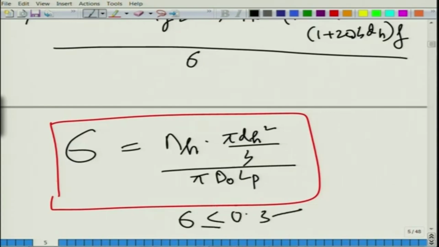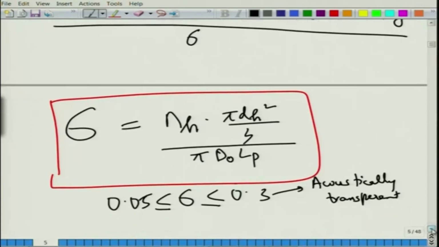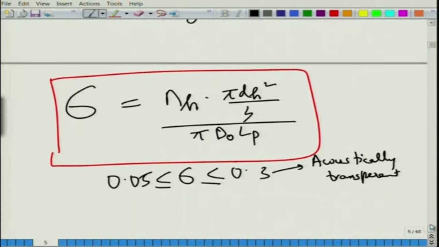Like I said, it is almost acoustically transparent, as if the perforate did not exist, but mechanically it does. It does not make much sense to go less than 0.05, which is quite small. Typically we vary it from 0.08, 0.1 all the way until 0.28, 0.3. These are the typical values.